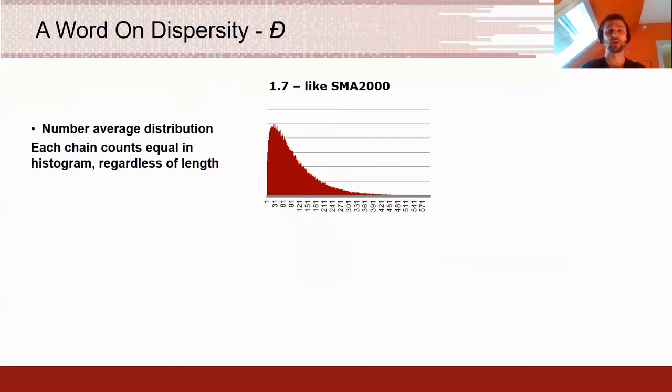So to put out a word on dispersity, dispersity is the measure of homogeneity in length of the copolymer. And the SMA 2000 is listed as having a dispersity index of 1.7.